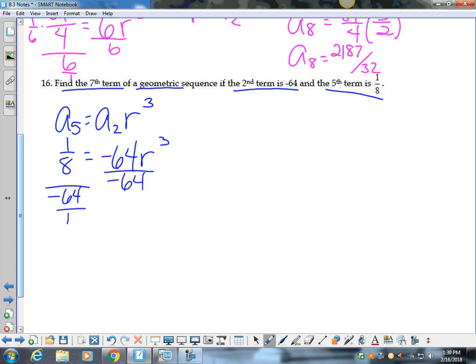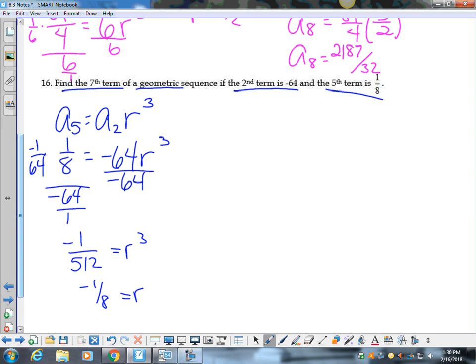That's over 1. And then our Bojangles. 64 times 8 is 512. 512 is a perfect cube. When you cube root this, you're going to get a negative 1/8. Don't lose your negative. And again, no decimals.